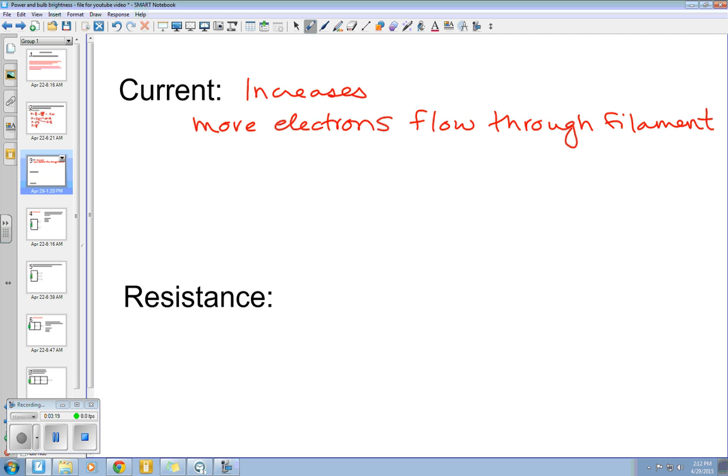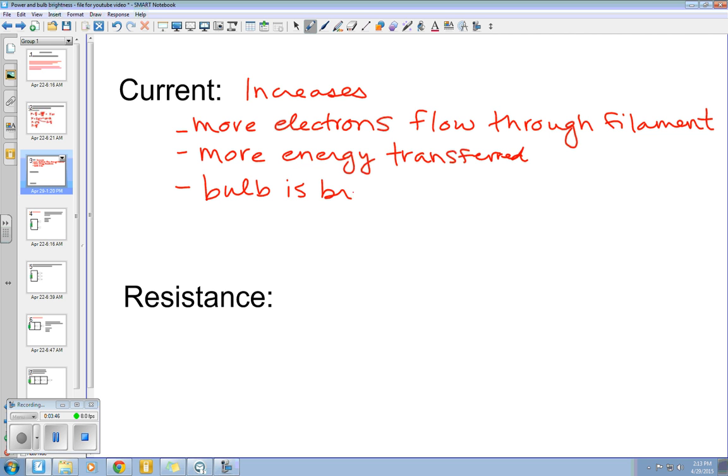Okay, so then more electrons flow through the filament, and therefore there's more energy transferred, because each electron has a certain amount of energy, and so if there's more of them, more energy is transferred, and so therefore the bulb is brighter, which is so exciting. So that's how current affects brightness.